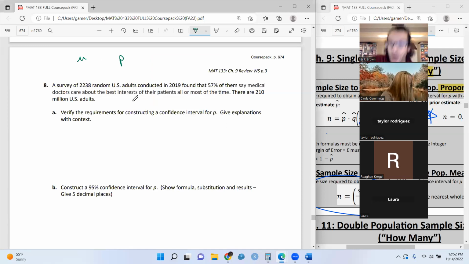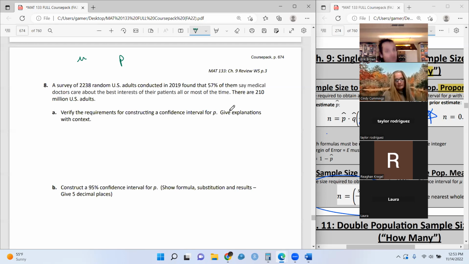Proportion. How do we know? I just knew from looking back on the notes for a single population proportion. But what was it that told you? What in the notes did you see that said this is the same problem as a proportion problem? You're right. Is it a survey?